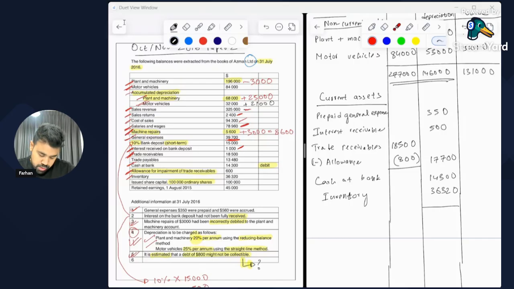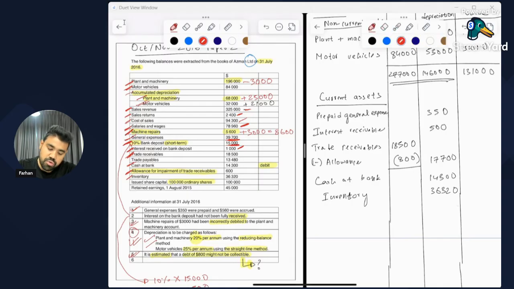Okay, have we missed anything out? Nope, we haven't. Oh, we did actually, which is the 10% bank deposit. Right, that was an investment on which the interest income or the interest receivable was calculated. So make sure to add that as well.